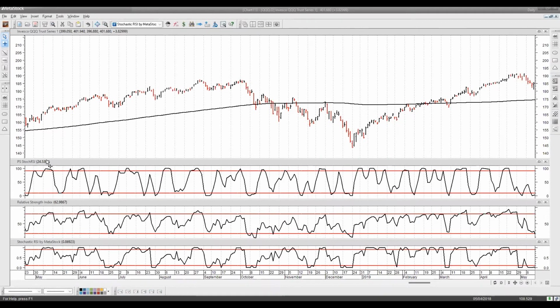I've chosen 3 RSI indicators: a PS stochastic RSI, which will move a lot quicker for short term; relative strength on a 5-day, which is more longer term; and then a stochastic RSI, which is another long-term indicator. We're going to wait 7+ days when it gets to extreme levels.